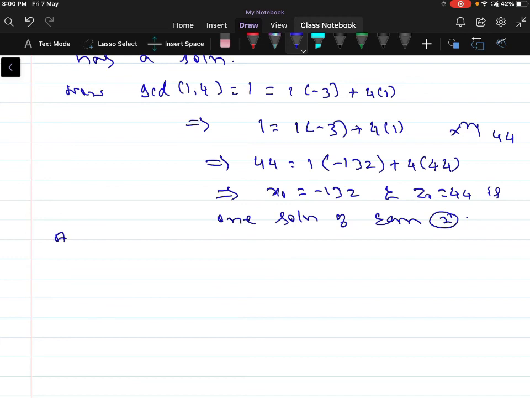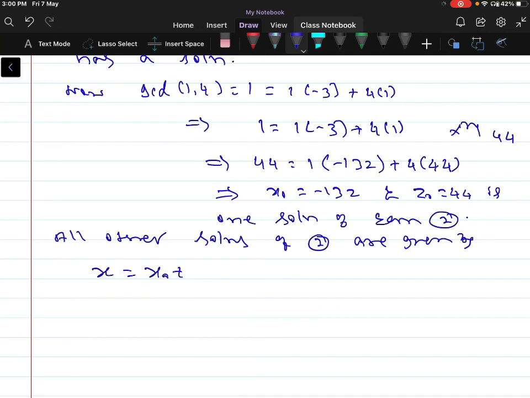And all other solutions of 2 are given by x is equal to x naught plus b into t and z is equal to z naught minus a into t, for some integer t.